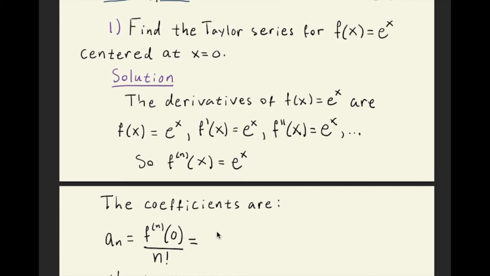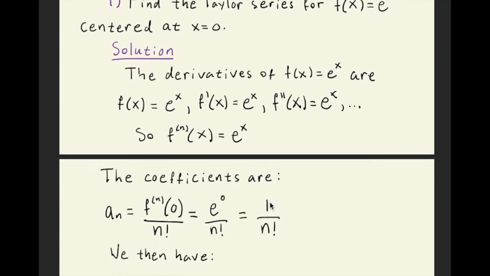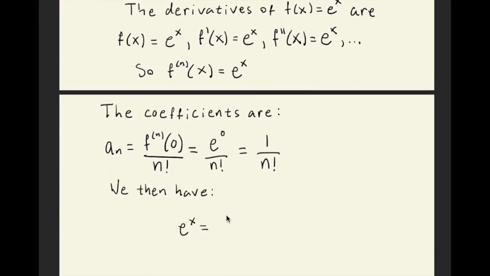The nth derivative is e to the x. Plug in 0, that's e to the 0 over n factorial. So that's 1 over n factorial. These are the coefficients of the power series of e to the x, the Taylor series for e to the x. So we have that e to the x is a sum for n equals 0 to infinity of x to the n multiplied by 1 over n factorial.